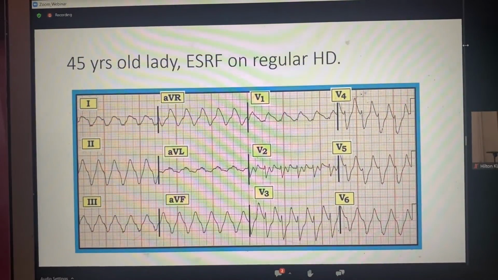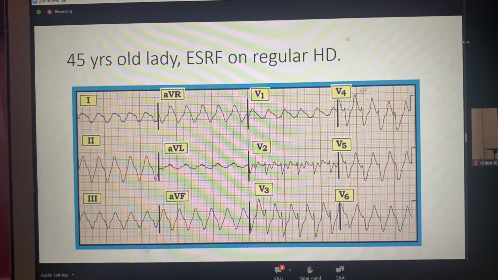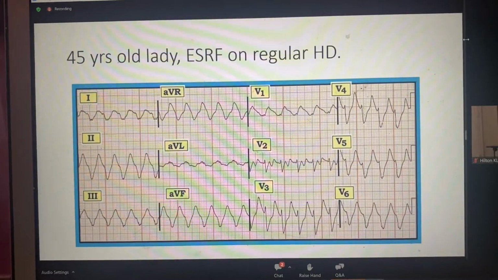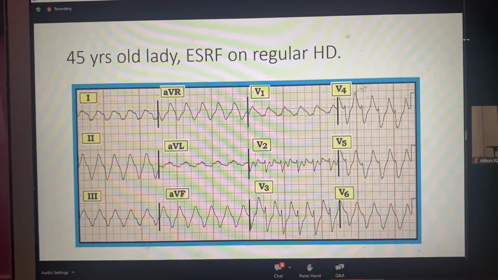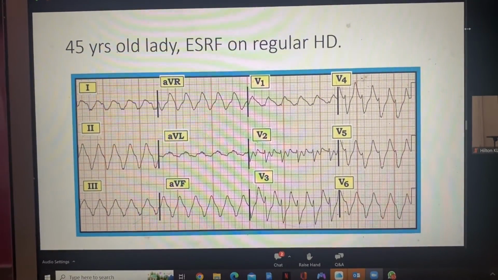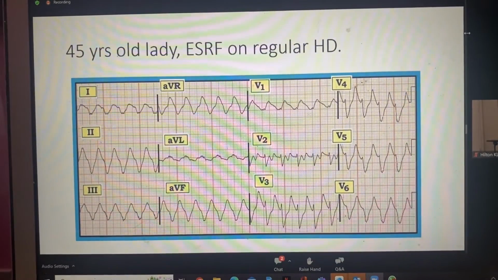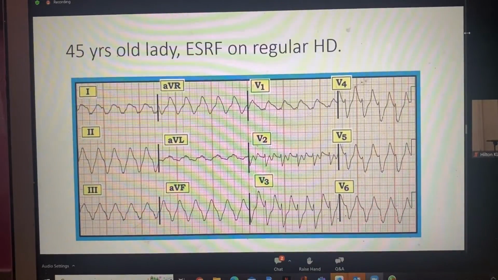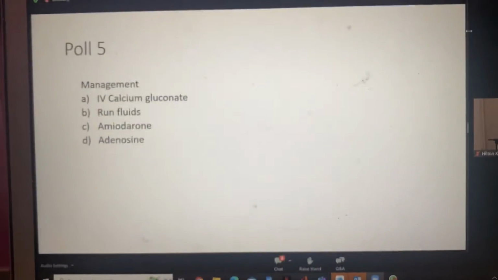Another patient, a 45-year-old lady with end-stage renal failure on regular HD. Please look at the ECG. You can start the poll now.